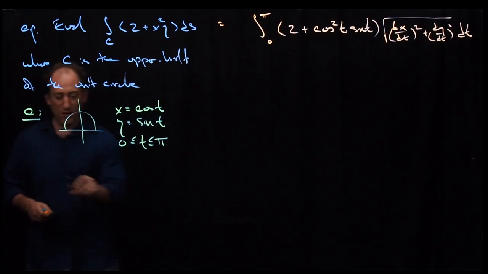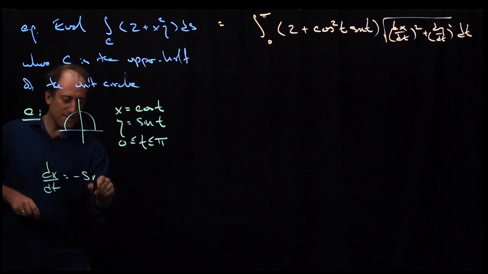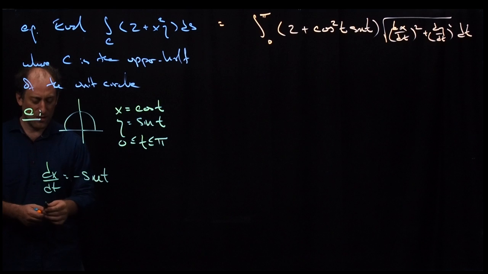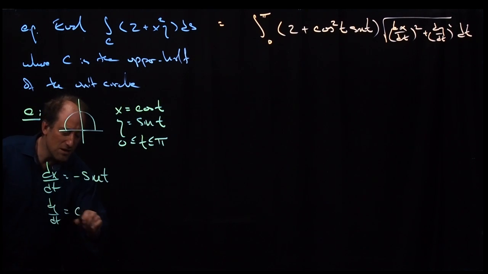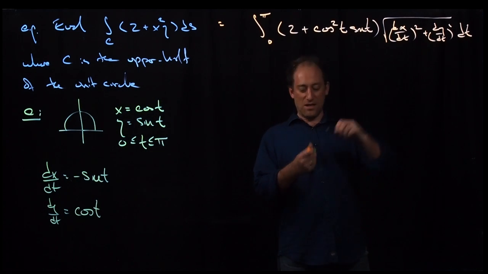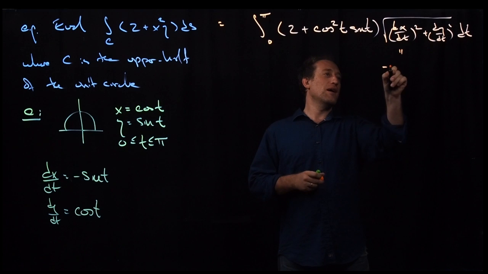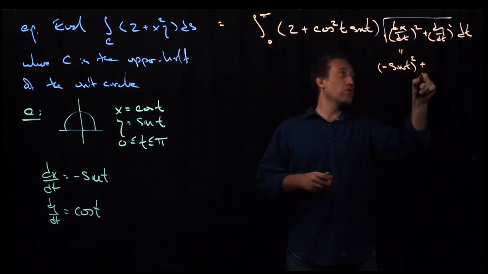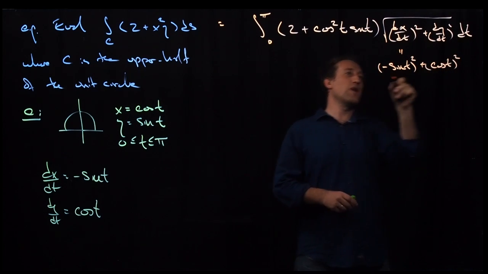Okay, dx dt, I think pretty straightforward. Here, I'll get minus sine t, and dy dt is going to be cos t. It doesn't really matter too much because this will wind up being a minus sine t squared and then plus a cos t squared.